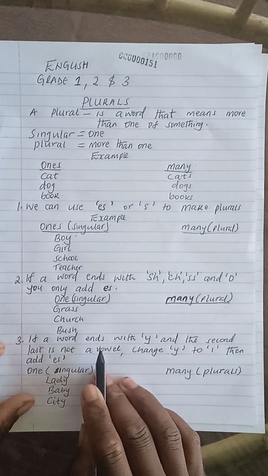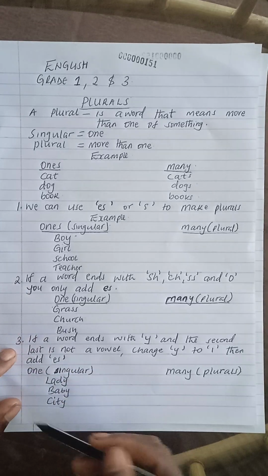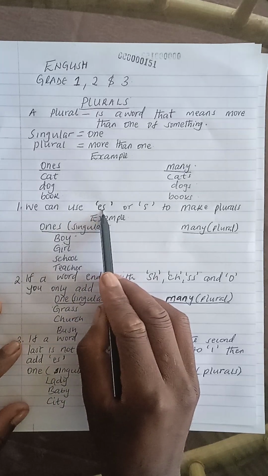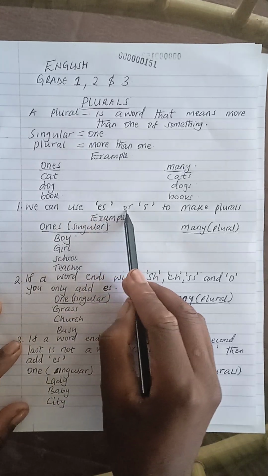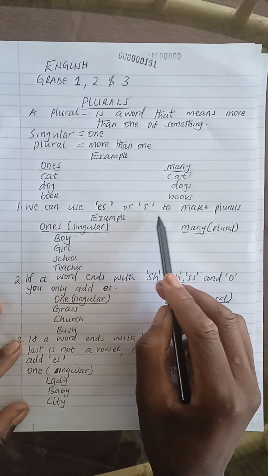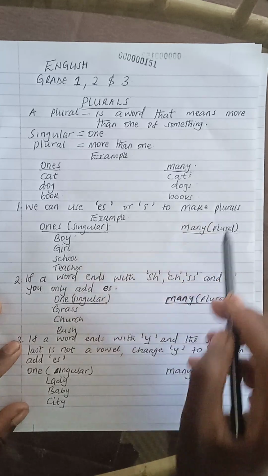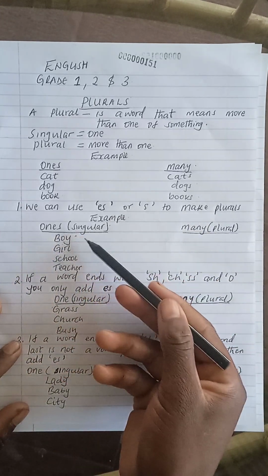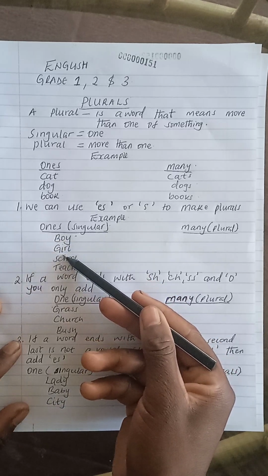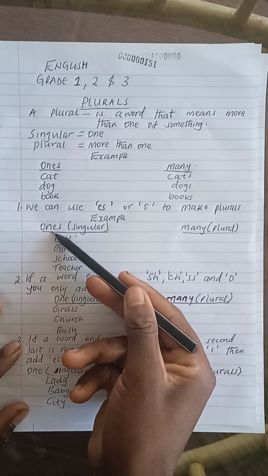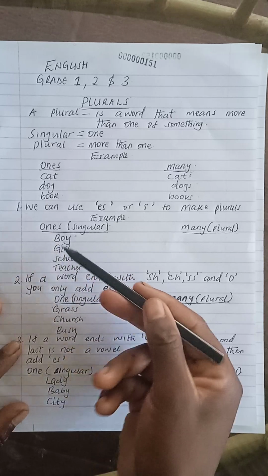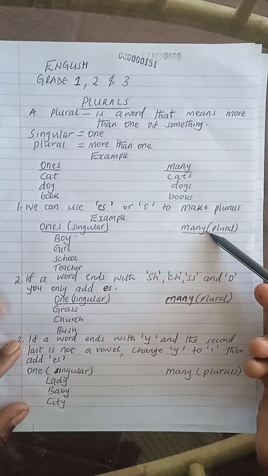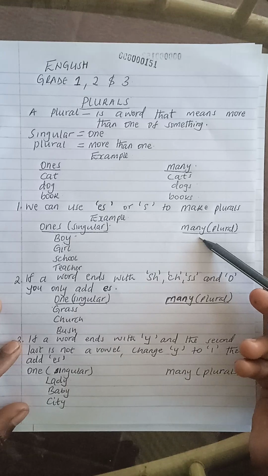Now let's go to number one. Number one says we can use es or s to make plurals. Here you have been given the words in singular form, or in ones. Now they want you to change these words into plural, or many.